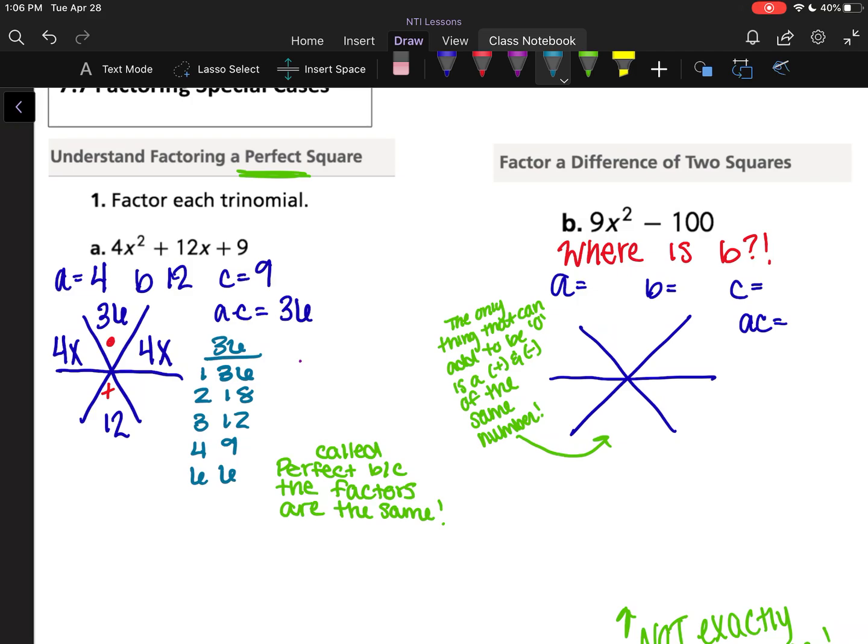So what's the only pair that adds to be 12? 6 and 6. 6 times 6 is 36, and 6 plus 6 is 12. So it's called a perfect square trinomial because both of the factors are the same. That's what makes it perfect, nice and neat and easy. So my factors are 6 and 6. Notice they're exactly the same.